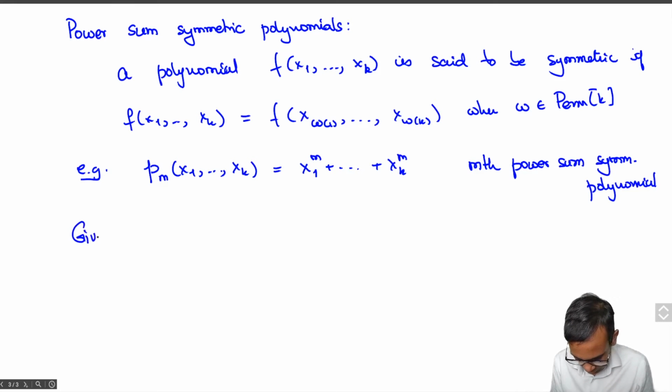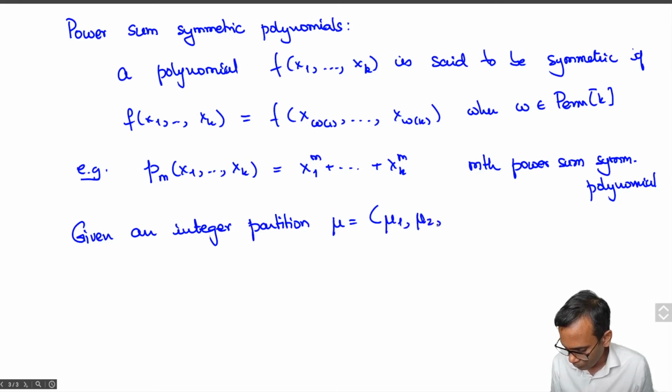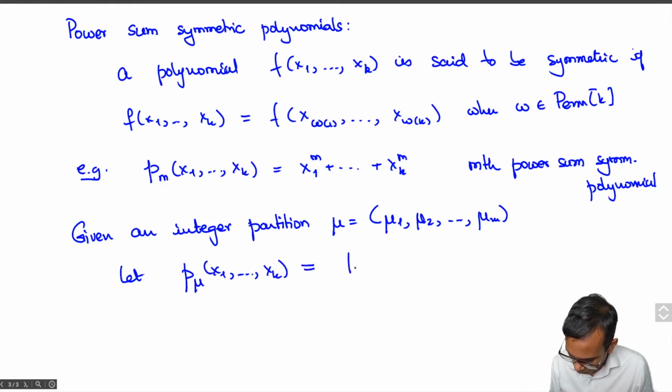And in general, given an integer partition mu, we can define a power sum symmetric polynomial corresponding to the partition mu. Let's say mu has parts mu1, mu2, through mu_m. Let p mu of x1 through xk be the product over i from 1 to m of p mu i.